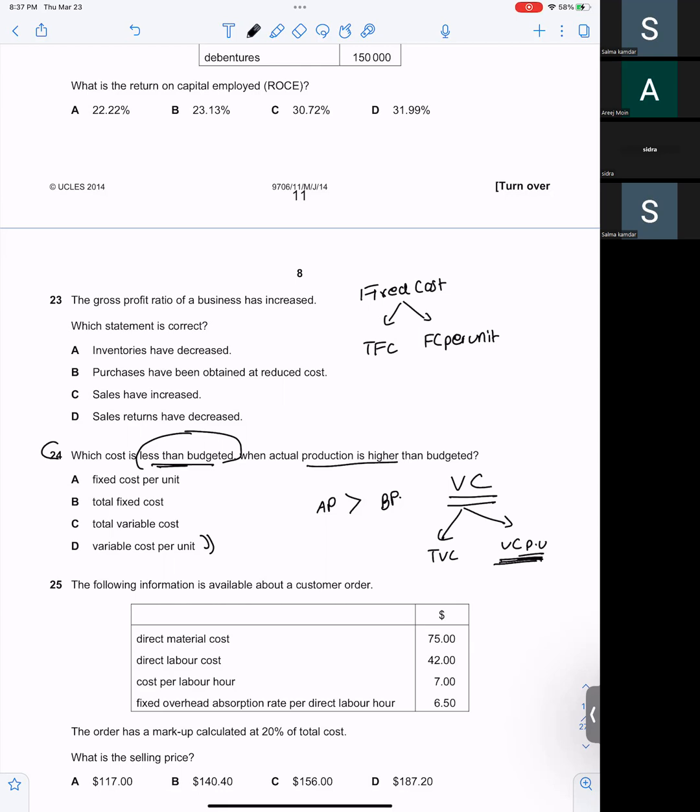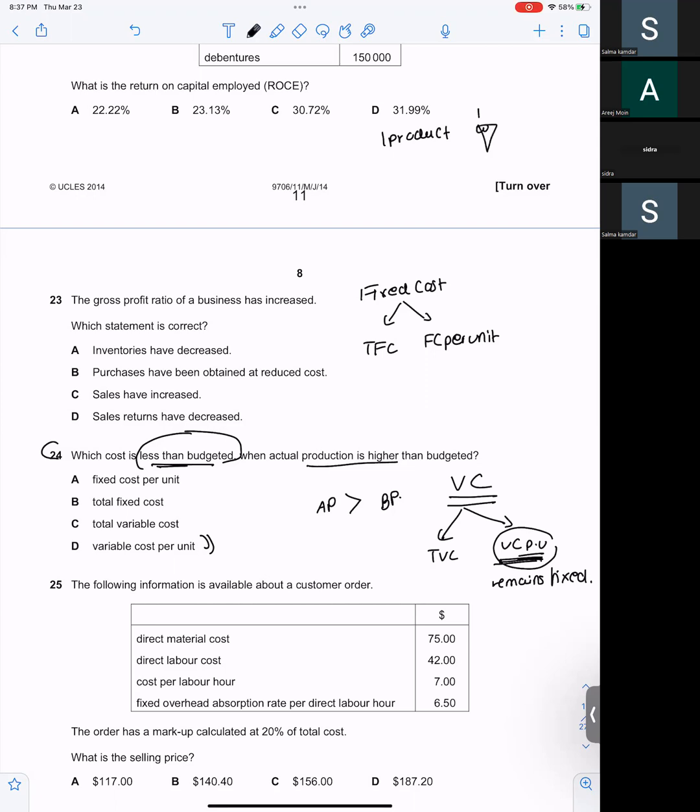What is the nature of variable cost per unit? It remains fixed. Suppose I am producing one product, and to make that product I would need one cone of wheat or whatever.